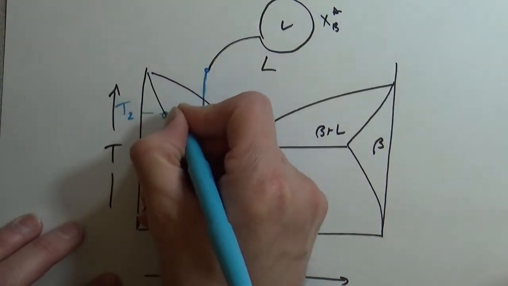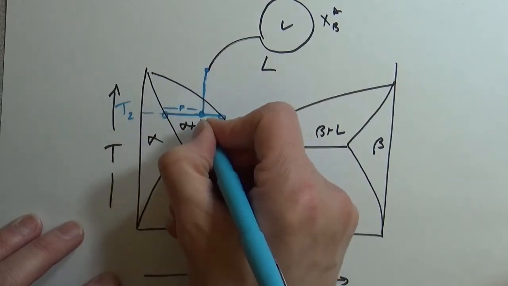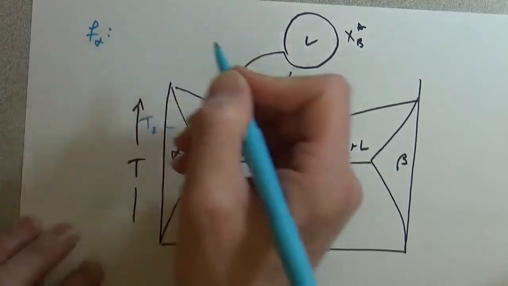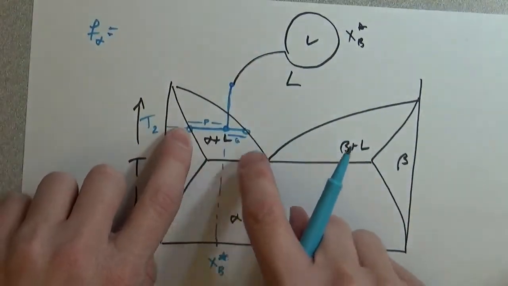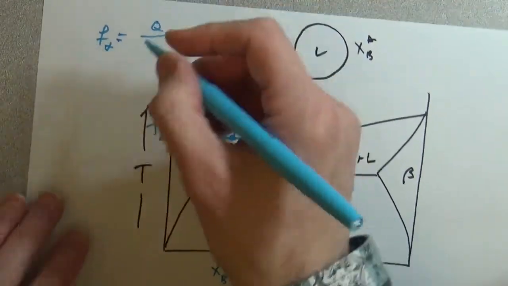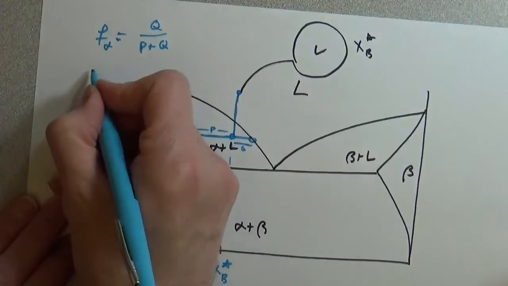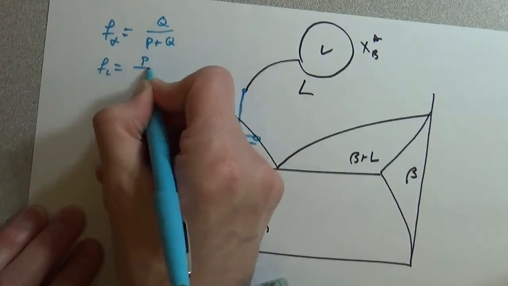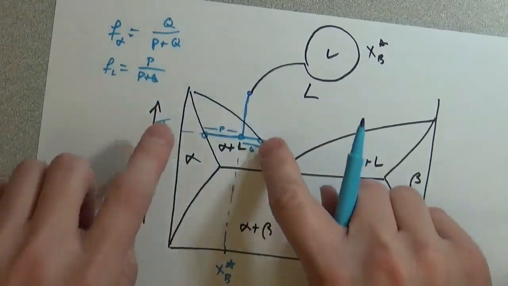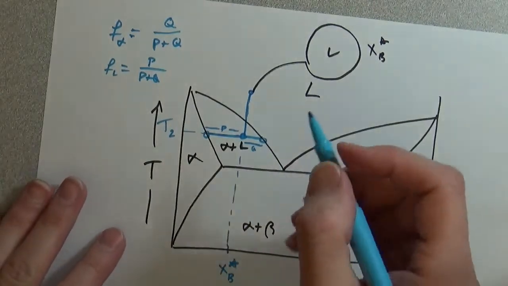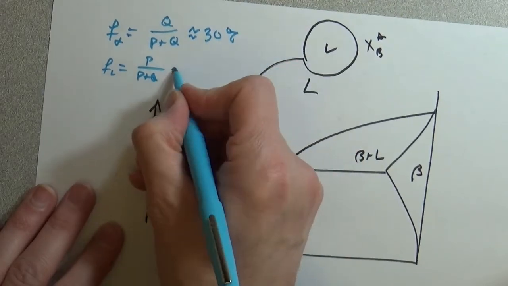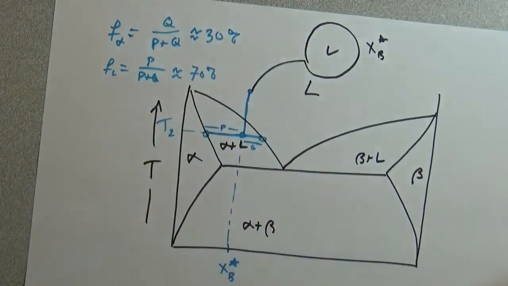So if we call this P and this Q, then the fraction of alpha, there's alpha on that side, so it's Q divided by P plus Q. Then the fraction of liquid, the liquid's on that side, so it's P divided by P plus Q. Roughly, that looks like around 30% alpha, and this is around 70% liquid. So our microstructure is going to look like this.